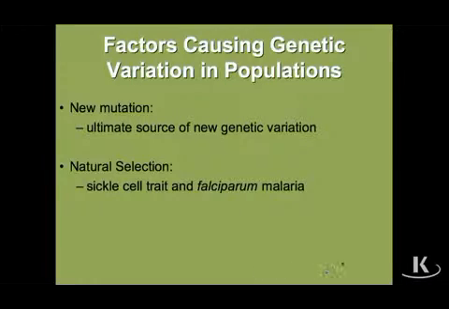Another complication is natural selection, survival of the fittest. Natural selection is one of the major things that has led to the particular allele frequencies that we have in the world today.